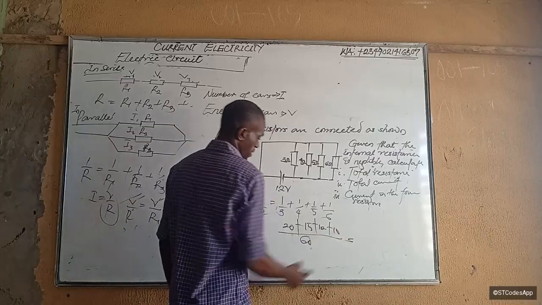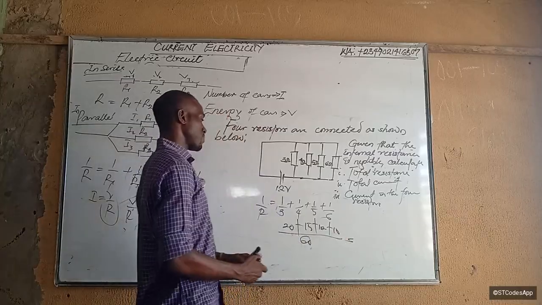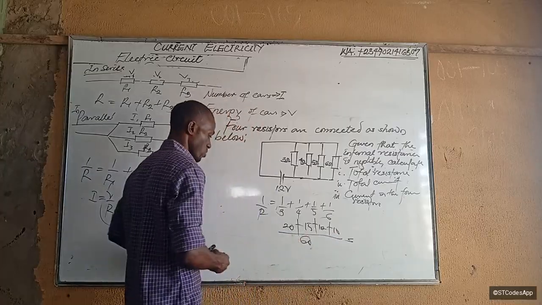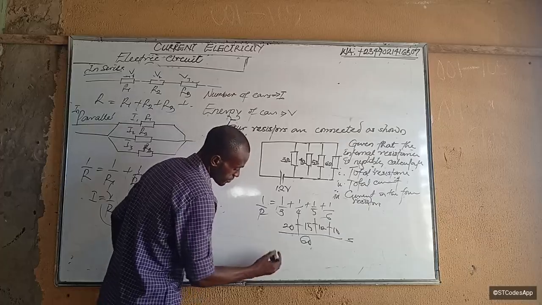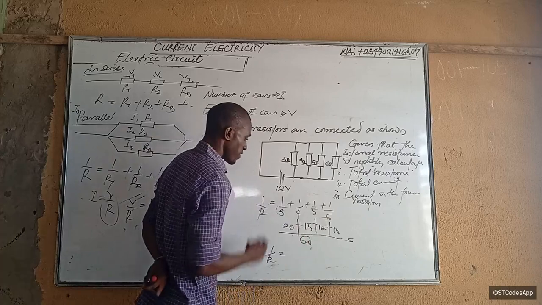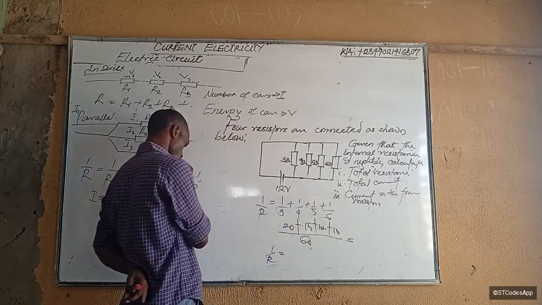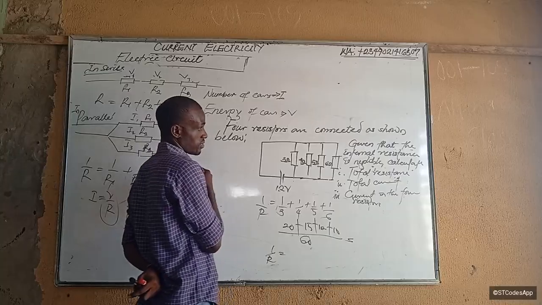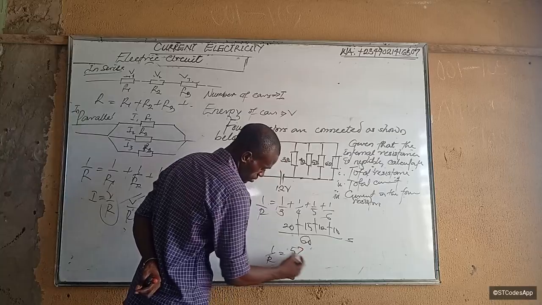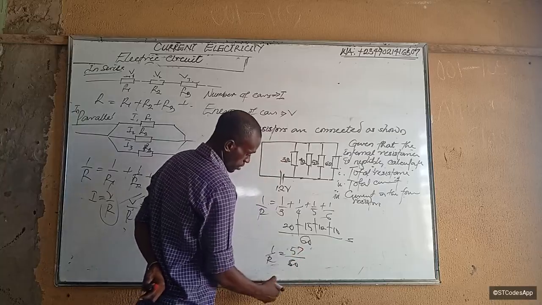So what do we have all together? 1 over R is equal to 20 plus 15 plus 12 plus 10, which is 57 over 60.